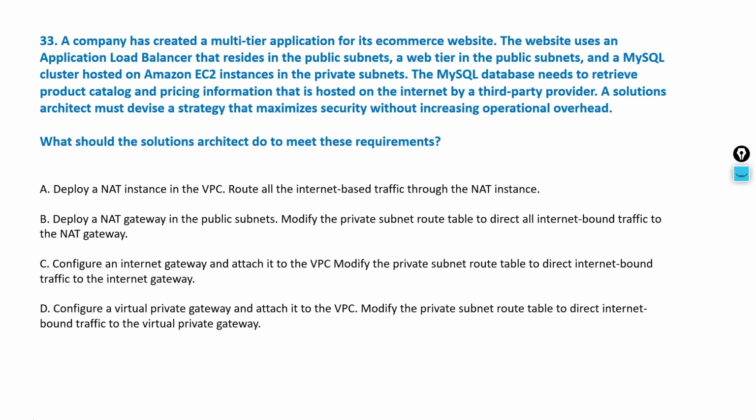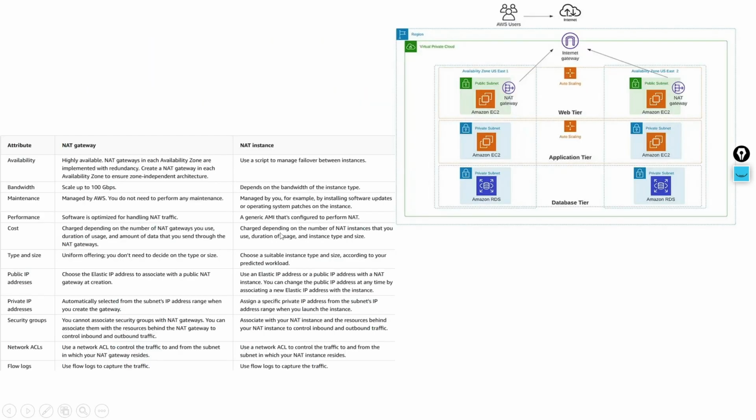We are going to choose option B, but let's see some key notes. Here is also an architecture I have defined: the three tiers, web tier, application tier, and database tier. Instead of RDS, we can consider MySQL. Here the NAT gateway we deploy in a public subnet, and here is the auto scaling. Auto scaling as well as the load balancer we can deploy in the same location.